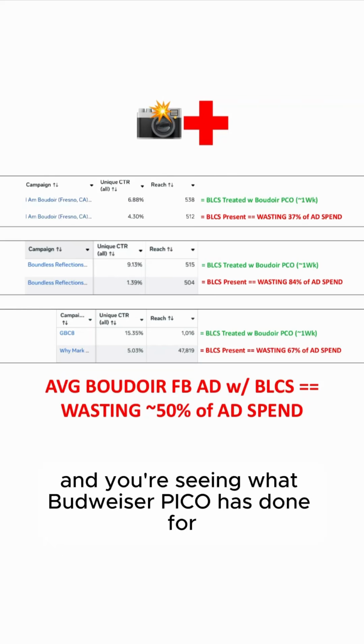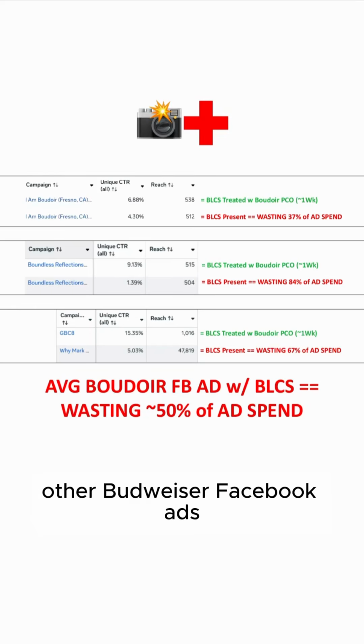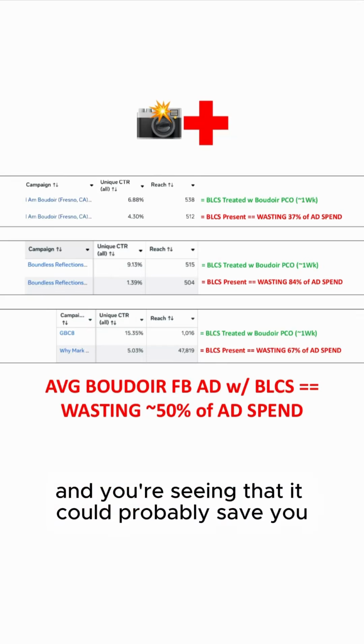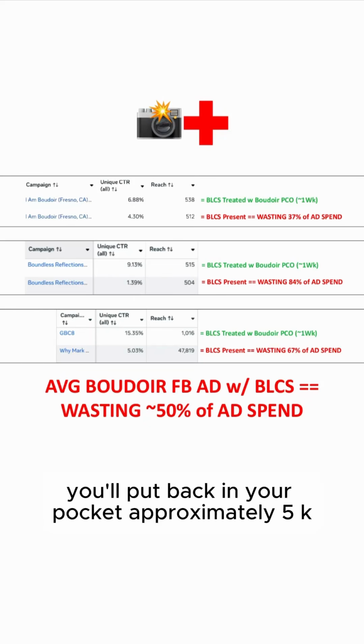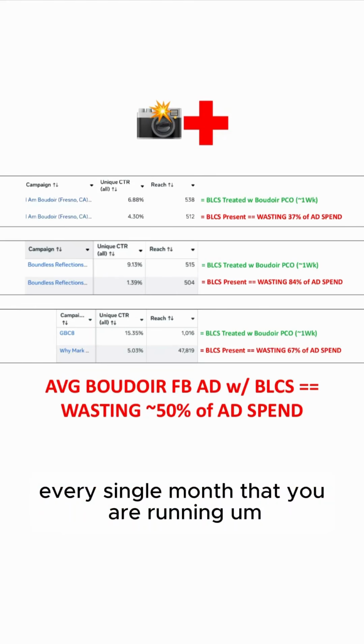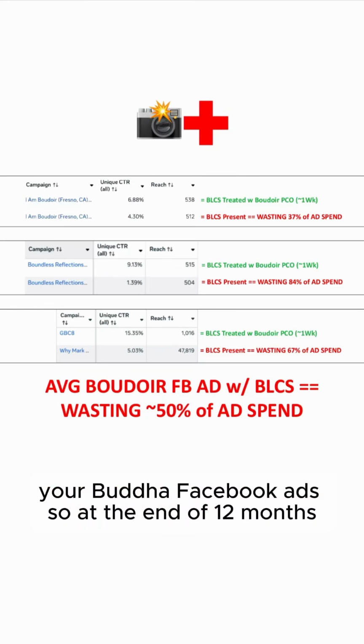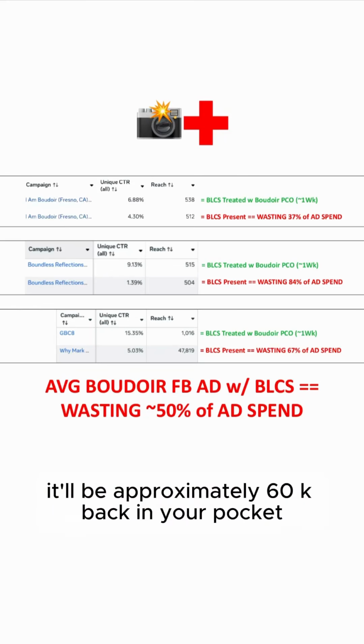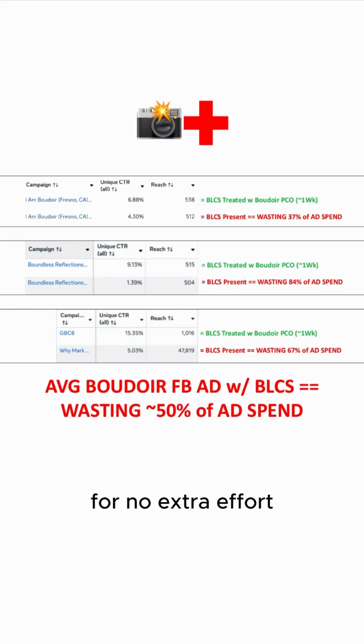And you're seeing what Boudoir PICO has done for other boudoir Facebook ads, and you're seeing that it could probably save you, you'll put back in your pocket approximately 5K every single month that you are running your boudoir Facebook ads. So at the end of 12 months, it'll be approximately 60K back in your pocket for no extra effort.